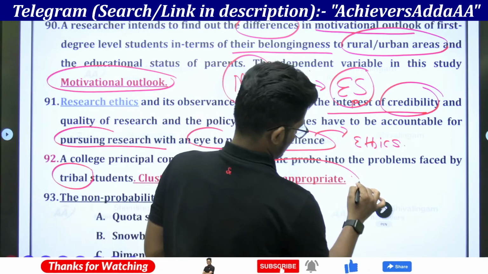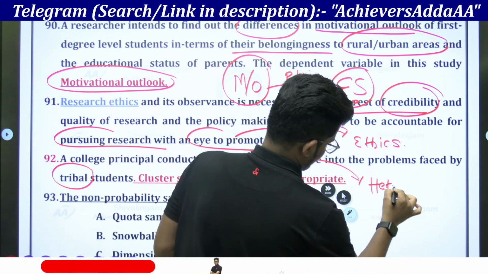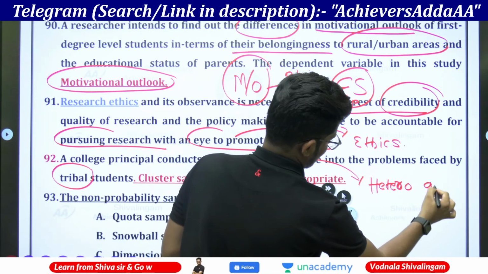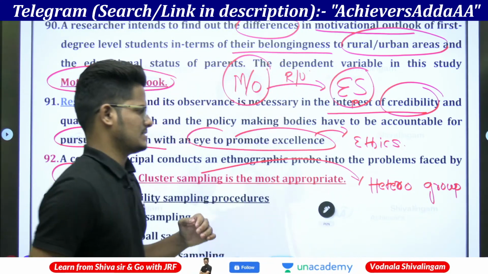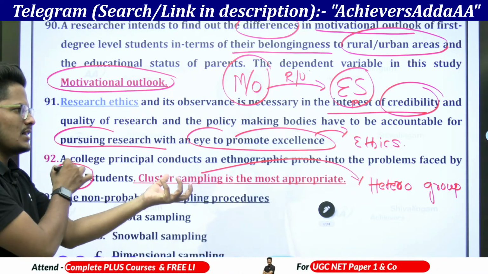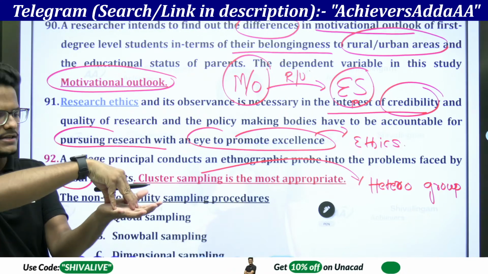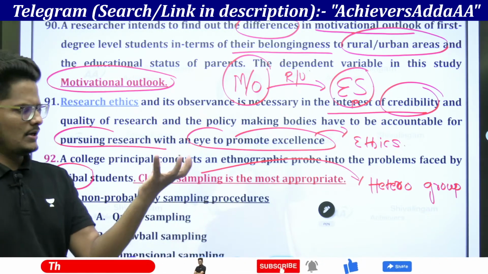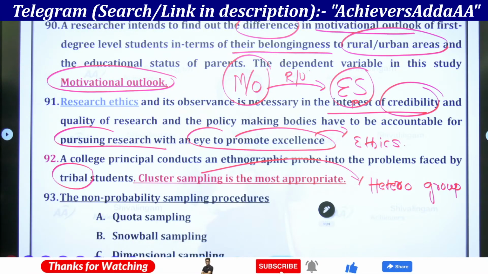Because of heterogeneous groups: they can make the clusters heterogeneous within and homogeneous between. So they will make sure that every cluster has all types of tribal students. Within the tribal population there are multiple dimensions, features or characteristics. Every cluster will have all the characteristics of this population called tribal students.